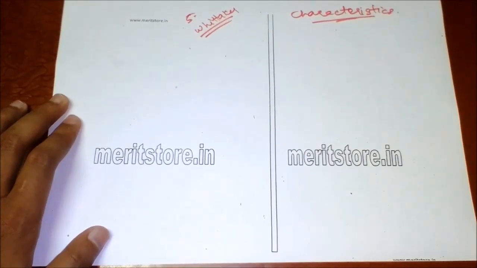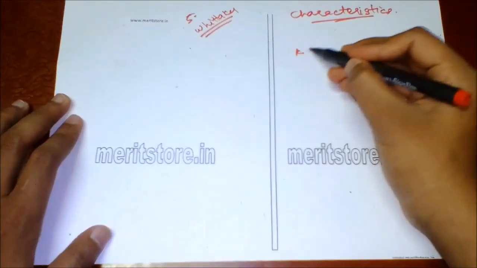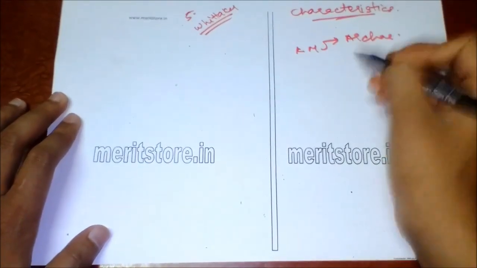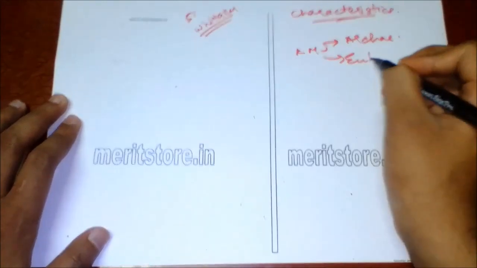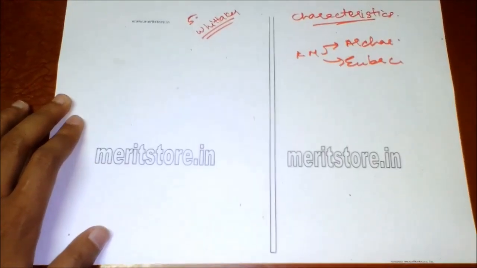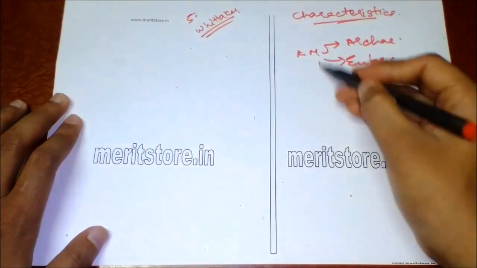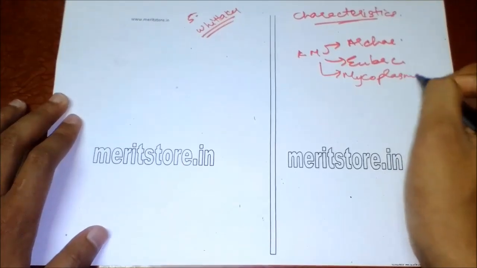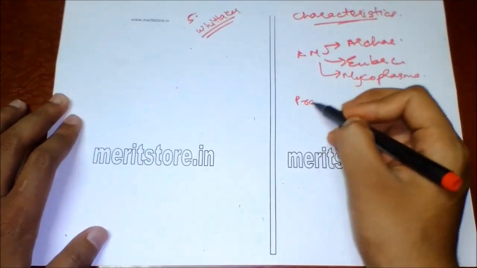And the examples and different subclasses of kingdoms, like kingdom Monera includes Archaebacteria, examples of Archaebacteria, Eubacteria, examples of Eubacteria, and Mycoplasma. Then comes kingdom Protista.